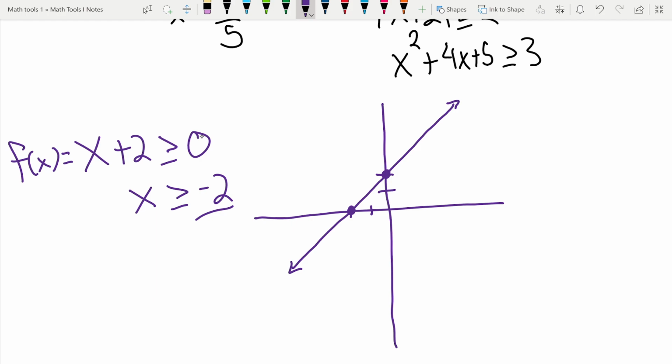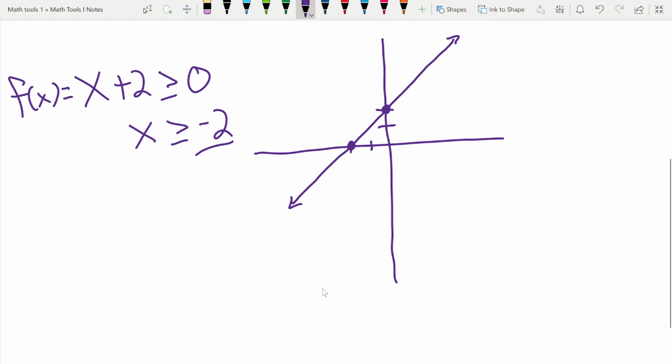So this is telling us that the f of x values are greater than or equal to 0 when x is greater than or equal to -2, right? Which we can see graphically here. The y values are positive when the x values are greater than or equal to -2. And then on the flip side, once you go past -2, everything is negative. So this is a really important concept.